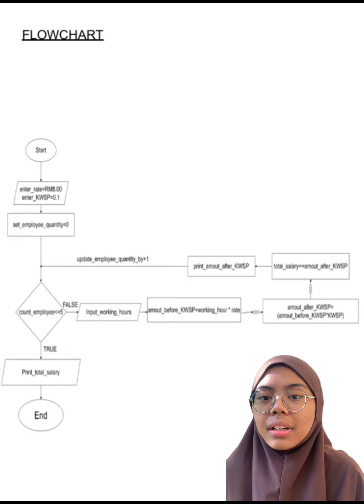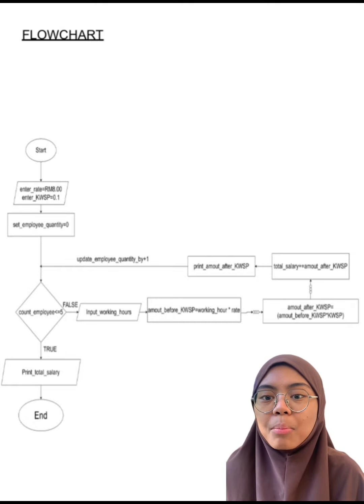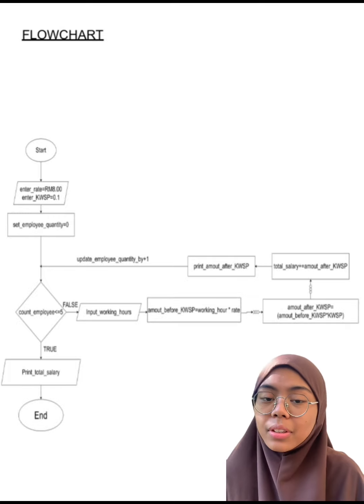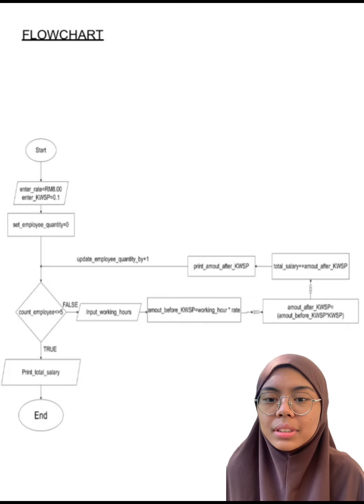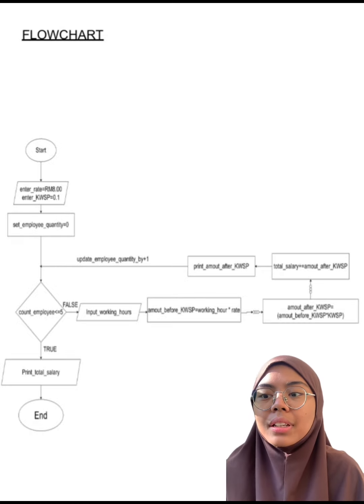In the conditional statement, is the employee quantity lower than 5? If it's true, then we just print total salary. If it's false, then we go to a loop until it is true.